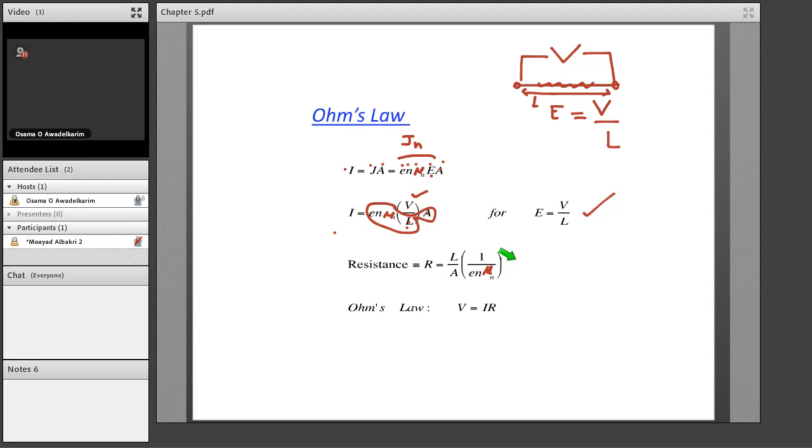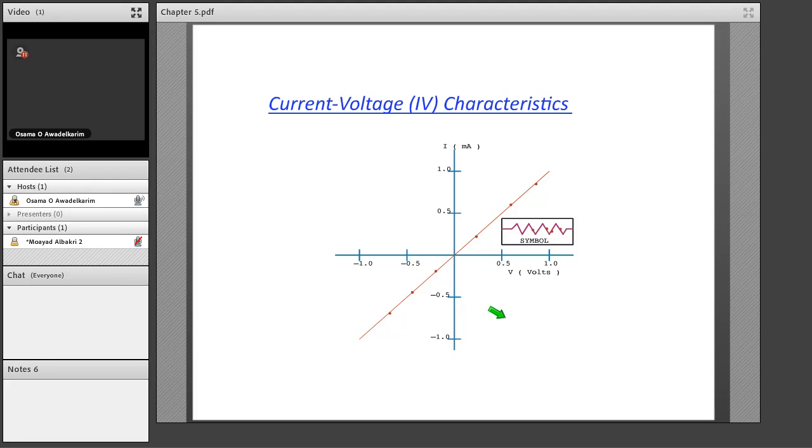This is what we call the resistance. This tells us that I and V are linearly dependent on one another. The slope of this dependence is called the resistance, or in other words, V equals IR, Ohm's law, which is this linear relationship that we see between I and V.